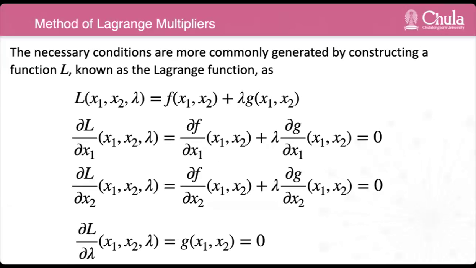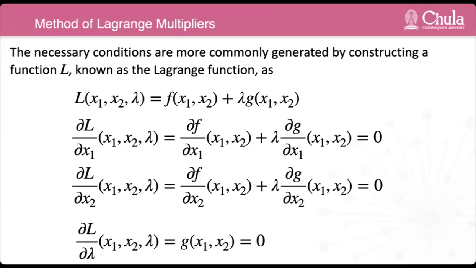So this is how we solve the problem. You don't have to derive it from the beginning. You transform the original objective function and constraint to the Lagrange function.